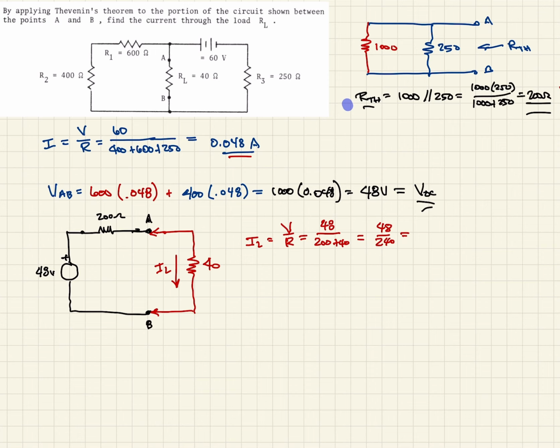And that comes to 0.2 amps. And so this is the amount of current that should be flowing through the 40 ohm resistor, 0.2 amps. So that's the current flowing through here, 0.2 amps. And that was used solving Thevenin's equivalent.